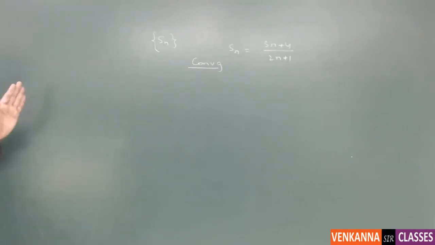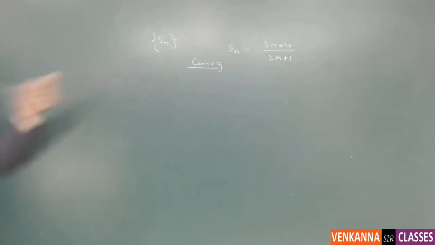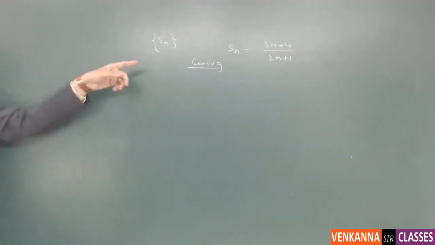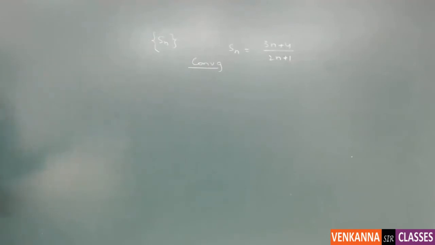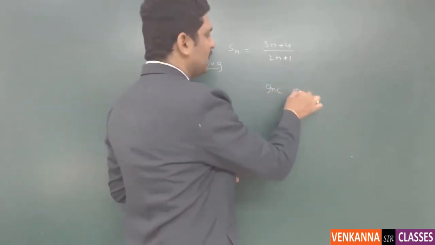Now let us use the technique of the monotone convergence theorem. You have to verify that the sequence is convergent. So I have to verify whether it is increasing or decreasing.